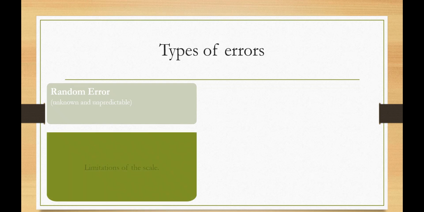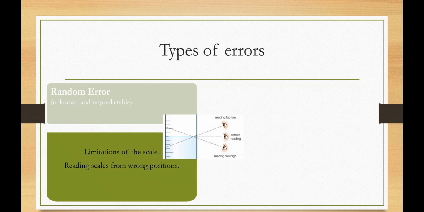If the error is due to limitations of scale or wrong positioning of eyes while taking measurements, or being unable to respond immediately while making observations that change quickly with time, like counting the oscillations, then we call it random error, as it's unpredictable. To reduce random error, we repeat observations a few times and then average the collected data.